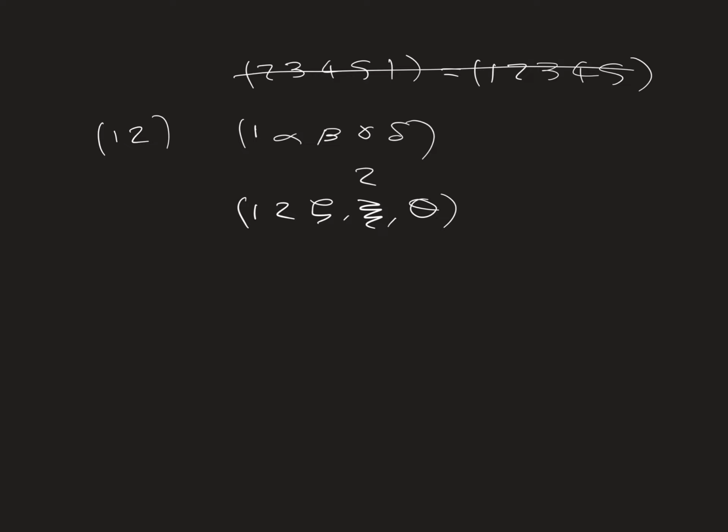So again, I'll explain why I can do this. If alpha's 2, then I'm already done, I don't need to make any changes.